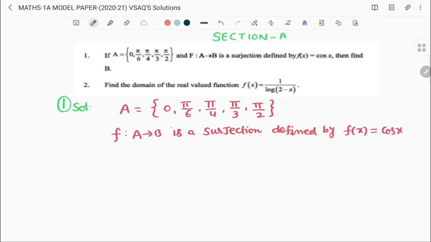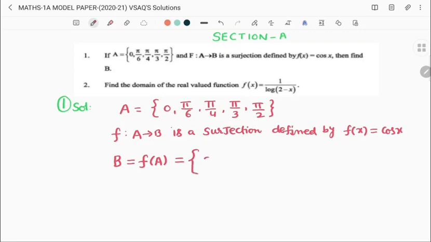Here the function is cos x, and they are asking to calculate the B value. So B means what? Indirectly it is the range. So B is equal to f of A. That means wherever x is there, you have to replace it with 0, pi by 6, pi by 4, pi by 3, pi by 2.